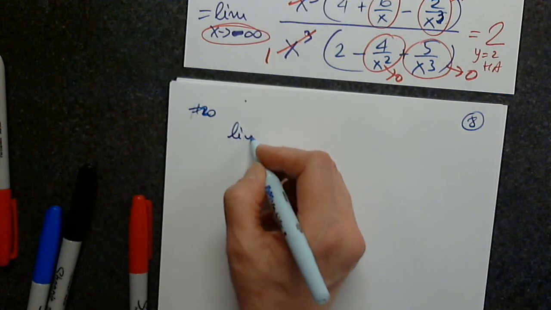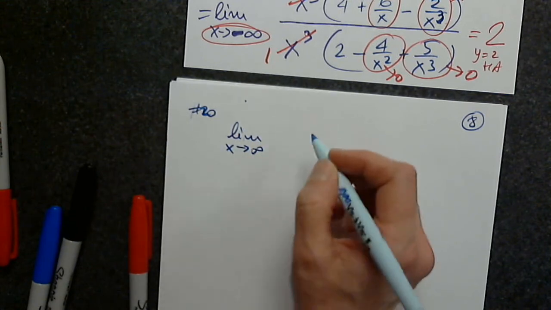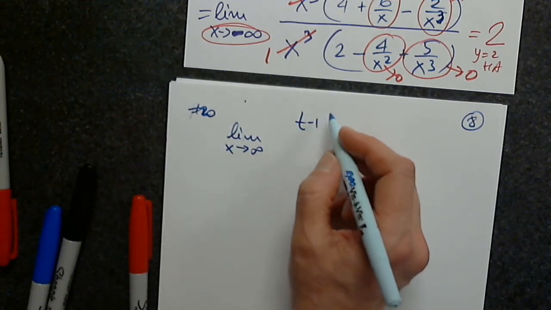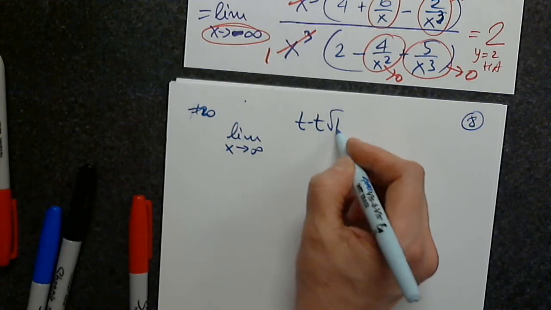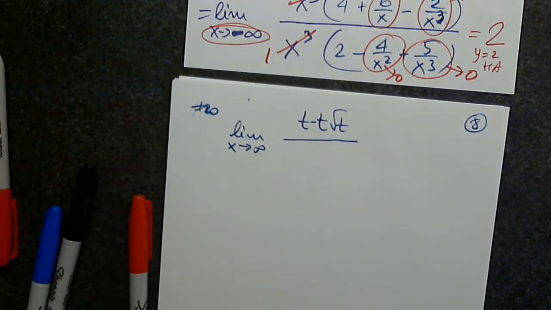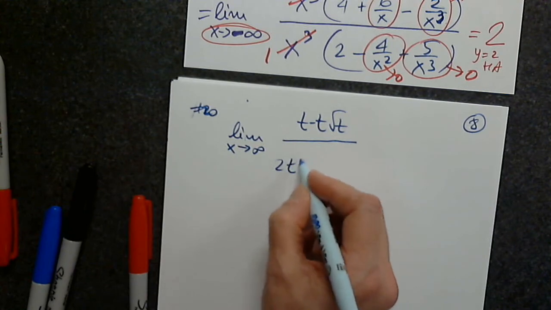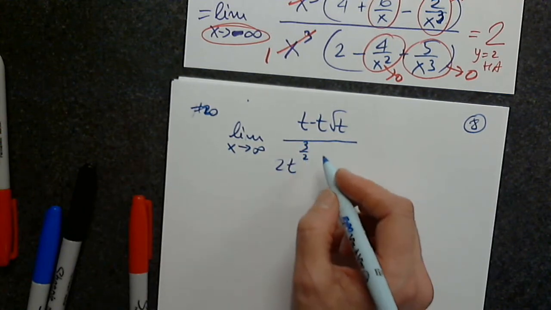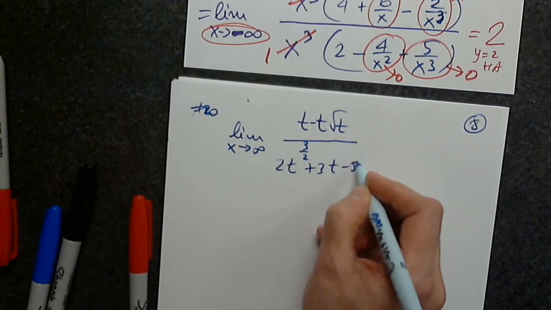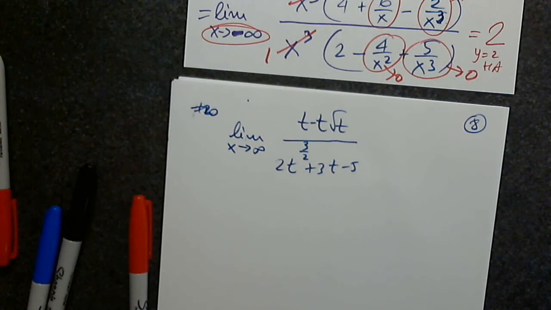So this is the limit as x approaches infinity of t minus t times the square root of t, over 2t to the 3/2 plus 3t minus 5.